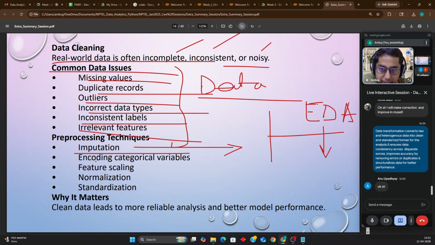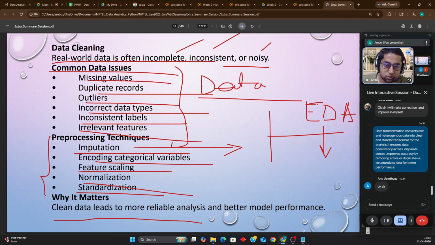Then encoding the categorical features, then feature scaling, either through normalization or standardization. Why do pre-processing techniques matter? Because clean data leads to more reliable analysis and better model performance.